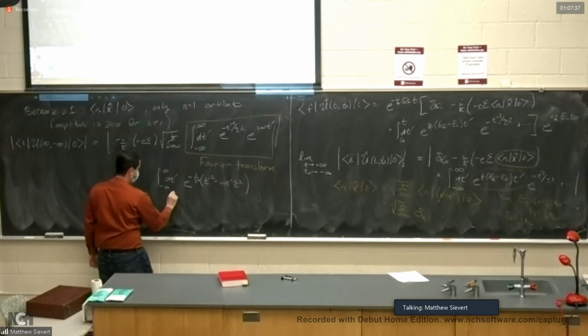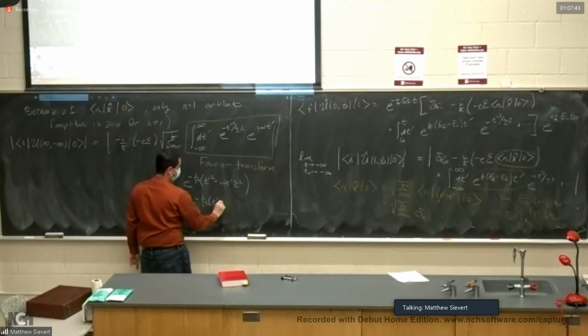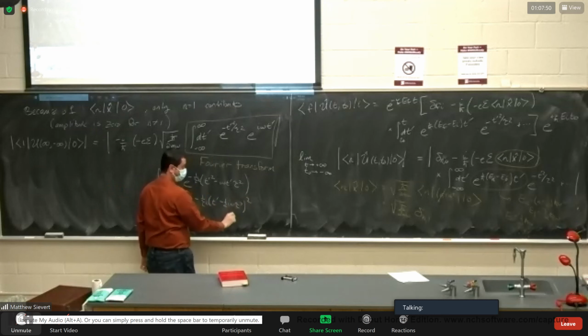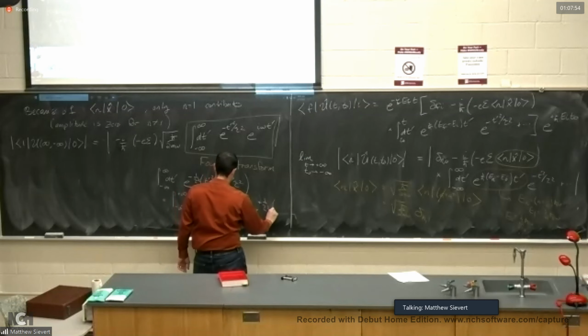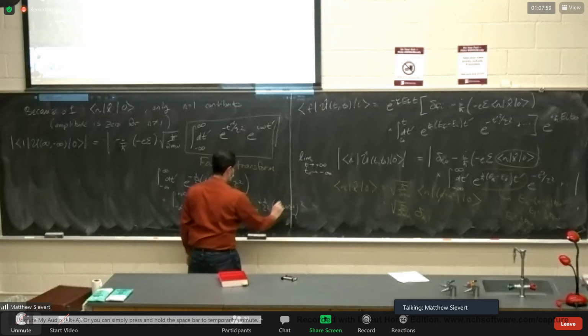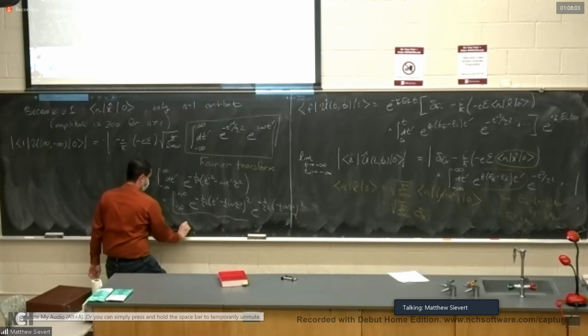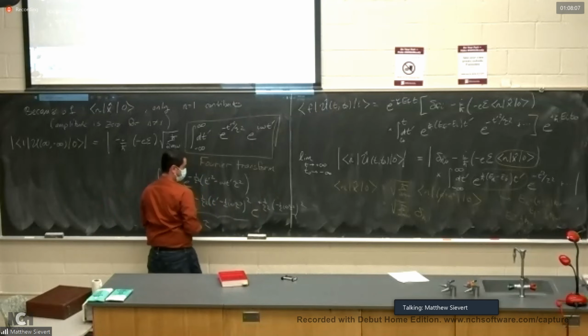If I complete the square, then this is integral minus infinity to plus infinity e to the minus 1 over tau squared, t prime minus 1/2 i omega tau squared, times the missing piece, which is plus 1 over tau squared minus 1/2 i omega tau squared. This is a Gaussian integral. So this one gives me square root of pi times tau times this prefactor.